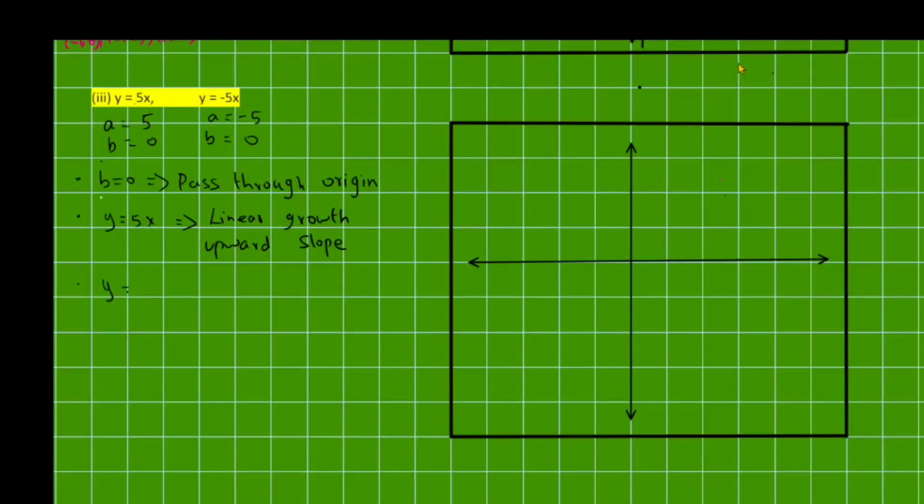Here y is equal to minus 5x shows linear decay and a downward slope.